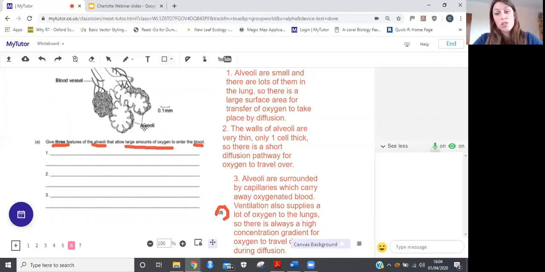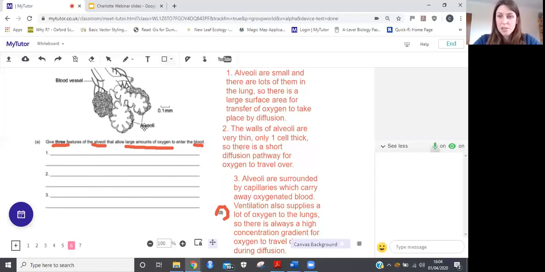I've structured those answers so that they're very clear for revision purposes, but they could be slightly shorter, couldn't they? So the first one that talks about the large surface area of alveoli could be shortened and just say that there's lots of alveoli and they have a large surface area. So that would be a feature of the alveoli.